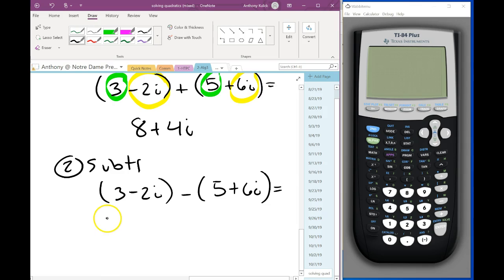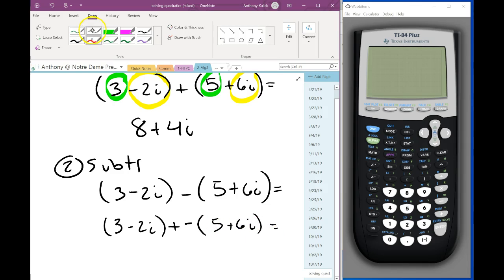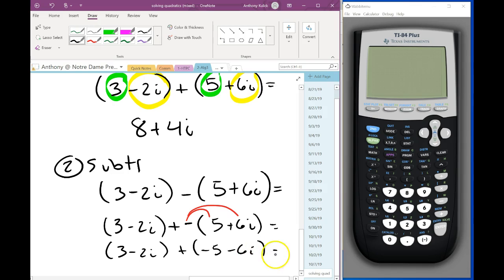That's what I'm going to do here. And what do we do when there's a negative sign in front of a parenthesis like this? It distributes in, right? And now it's just an addition problem.